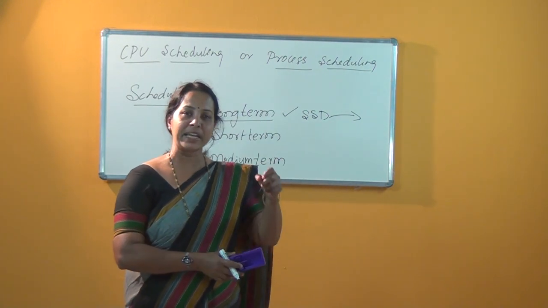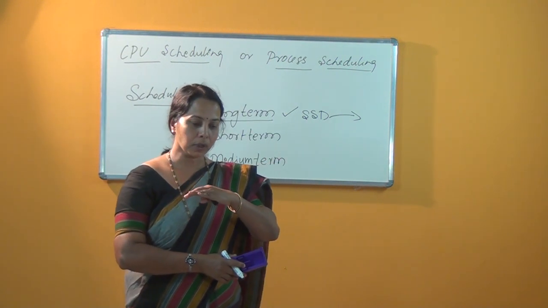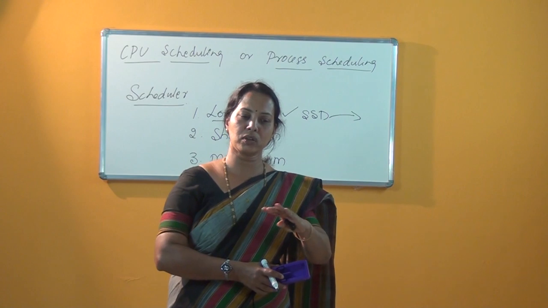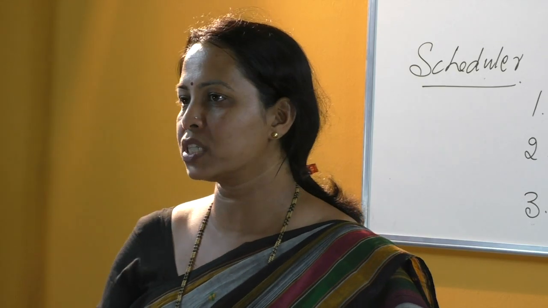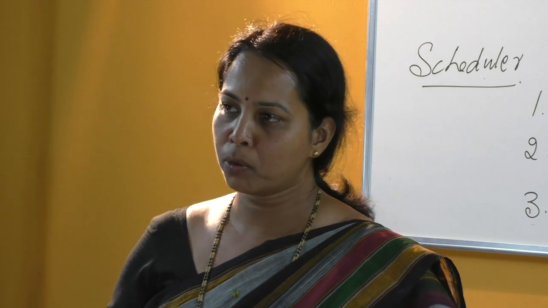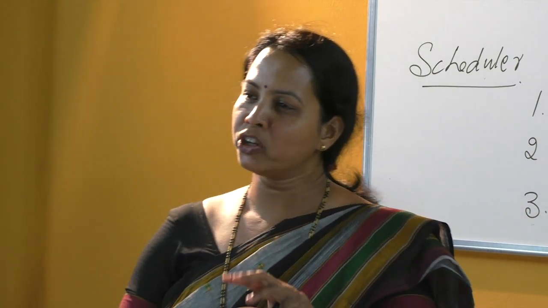Therefore when it loads processes, it tries to balance between CPU bound and input output bound processes, so that it ensures the maximum utilization of all the resources, the CPU and others.